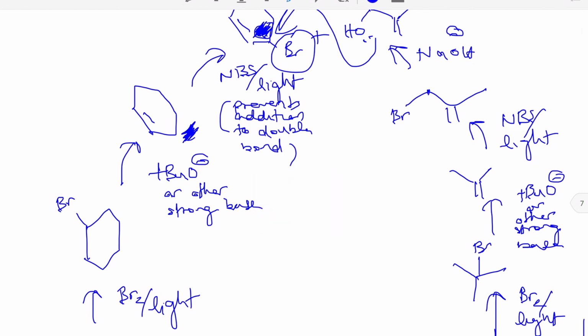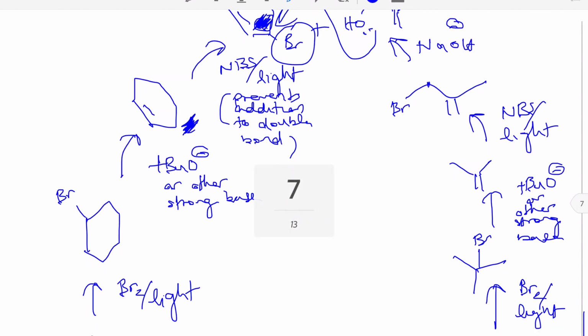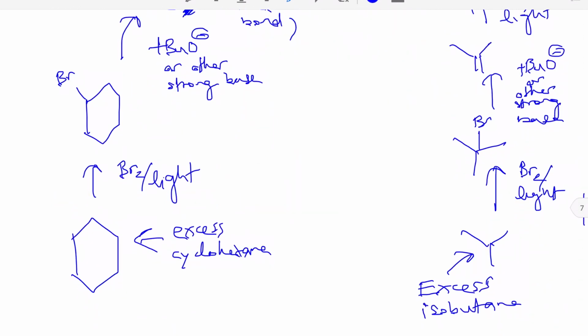And now that we have this alkyl halide, all we need to do is find the reaction that allowed us to go from a cyclohexane to an alkyl halide. And this means that in this case, we end up having to use bromine with light. And you might be wondering, well, I had mentioned earlier that bromine with light can cause these types of reactions to go crazy, but there is a way to work around that as well.